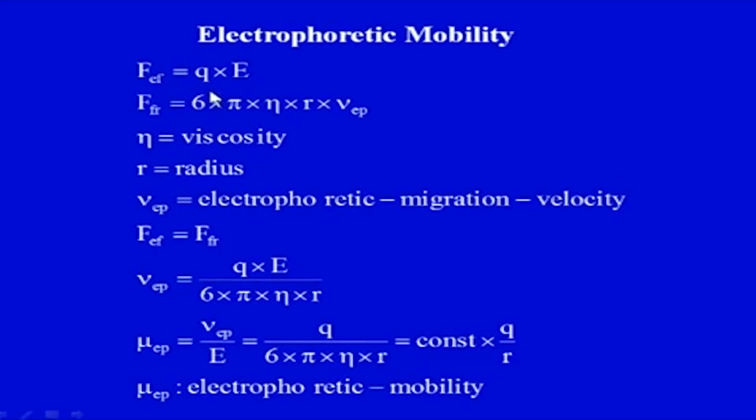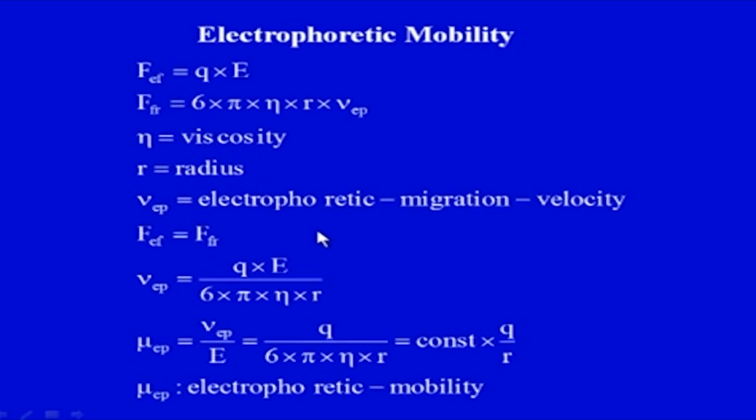If we summarize this in equation terms, you have a force on a molecule which is qE, and a frictional force which is given by this equation. Viscosity of the medium plays an important role because the more the viscosity, the more the friction. Radius of the particle will also play a role.